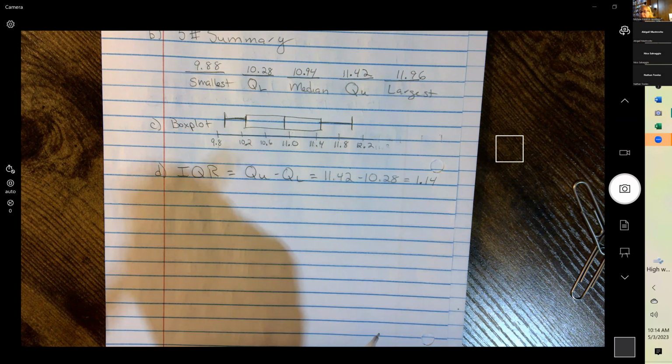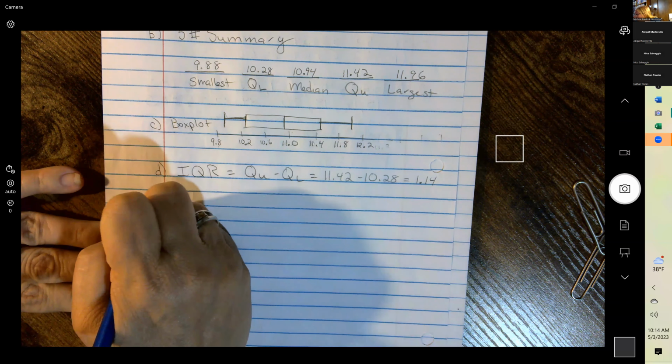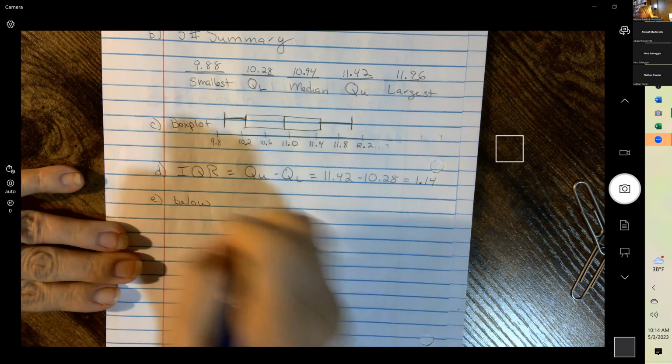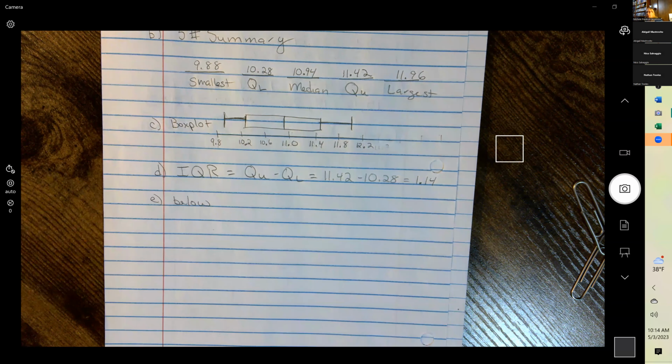Upper and lower fence. This gives the outliers.